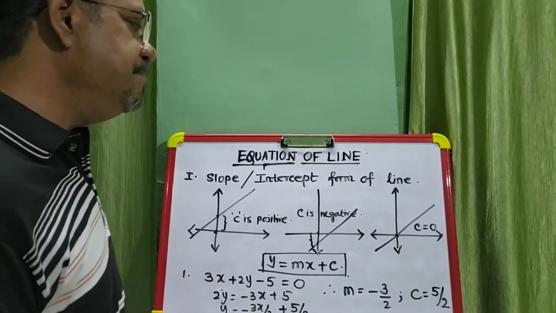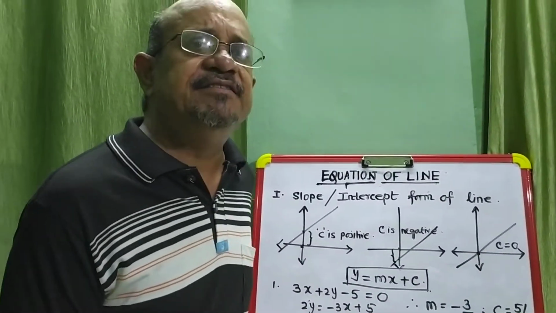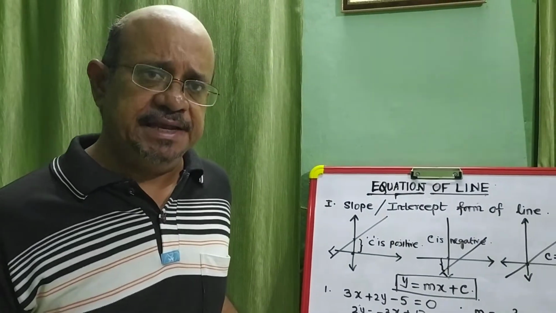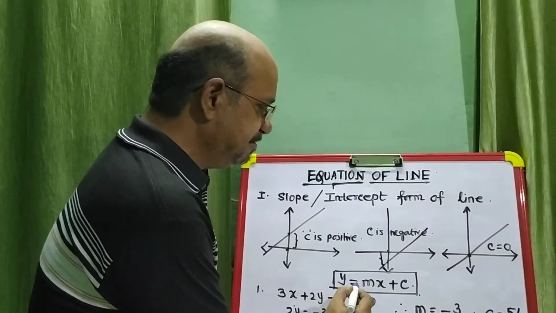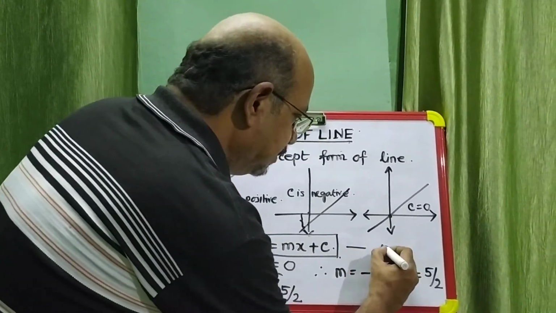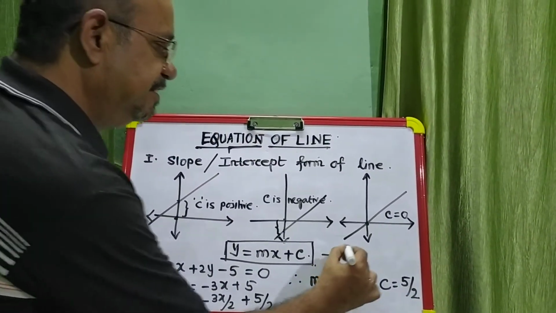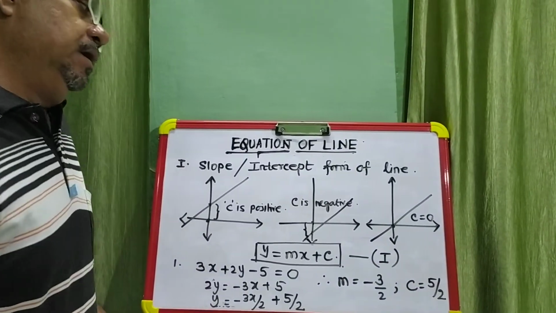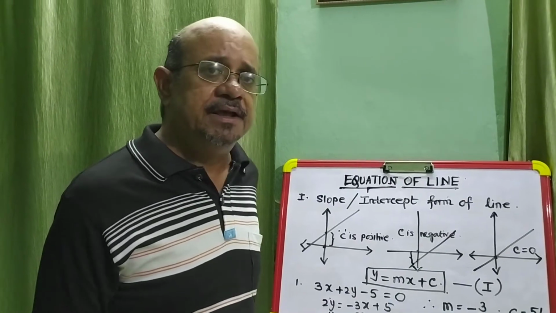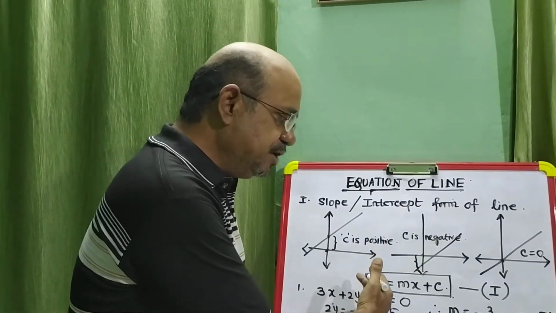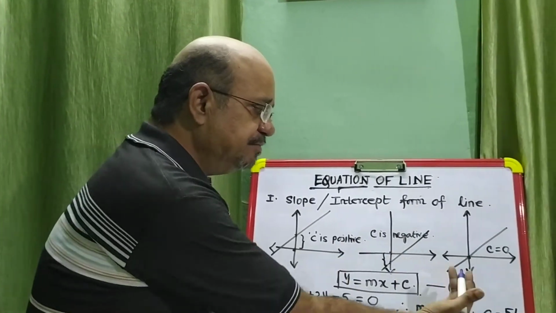So if m is the slope of a line and c is the y-intercept of a line, then the equation of the line in slope-intercept form is written as y is equal to mx plus c. If you algebraically analyze this format, you may say y is the subject of the formula and all other terms are on the right hand side.